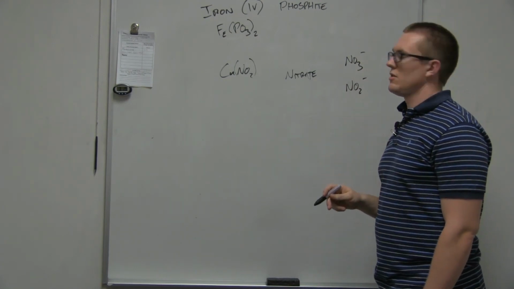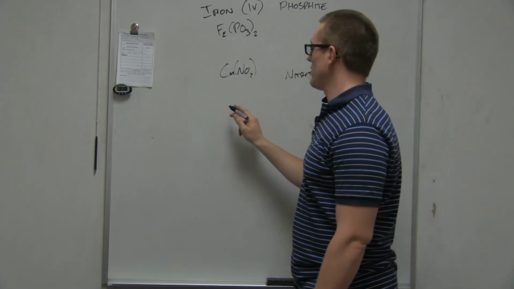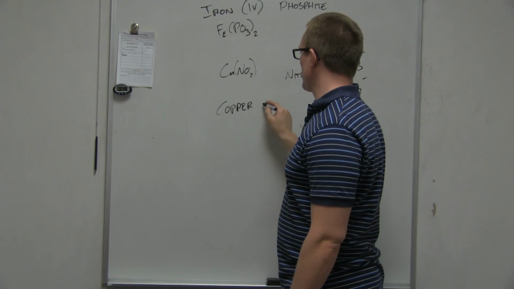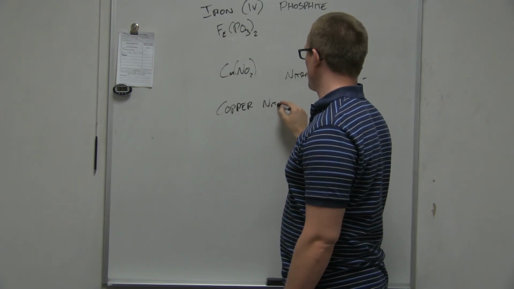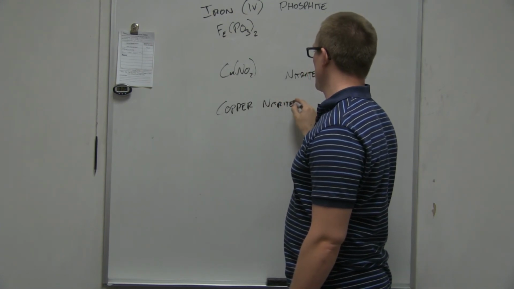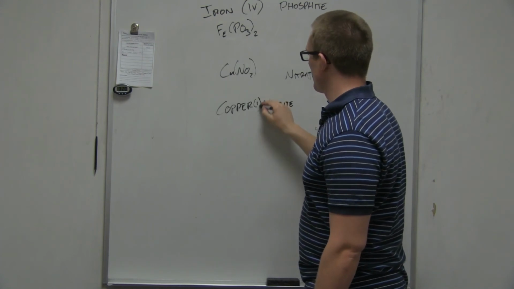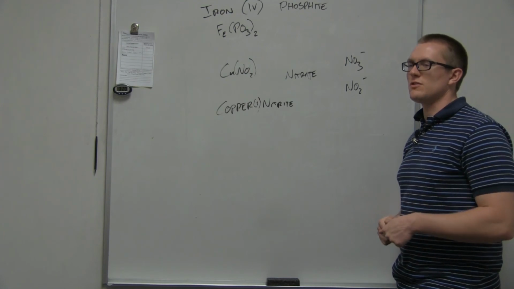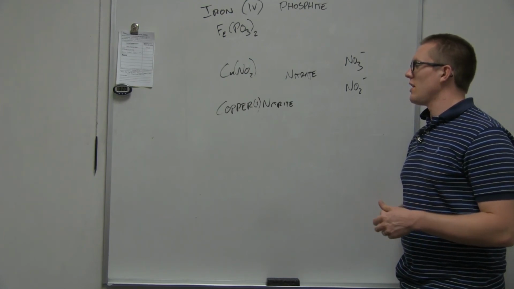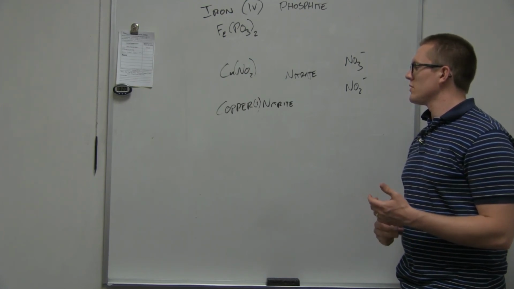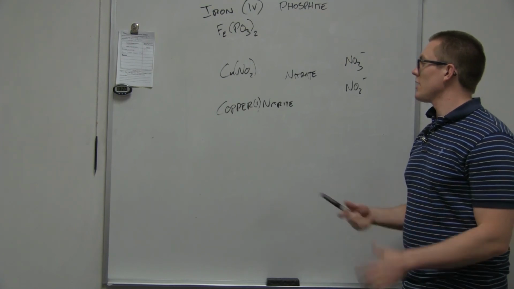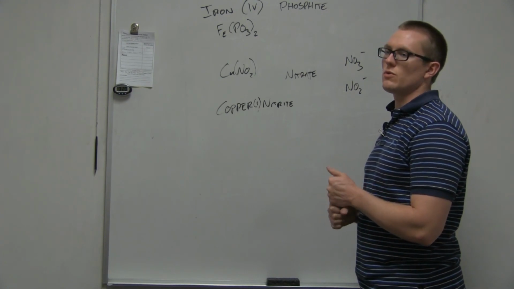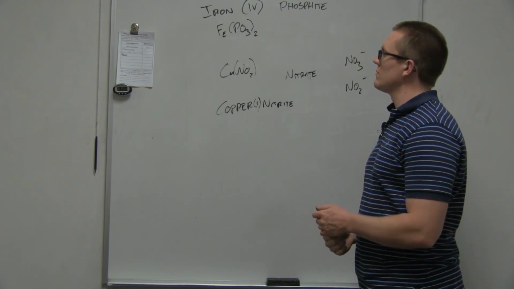So it just wouldn't be a Roman numeral then. Right, we could just do copper nitrite. You could do the 1. Better safe than sorry. Sure. I just always put the 1. But yeah, because nitrite has a -1 charge, the copper will just be +1. So good job, man.